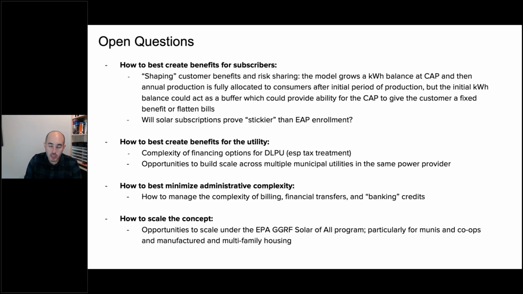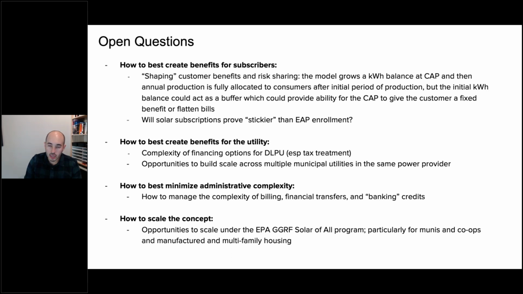As I've mentioned a couple times, through building this model and running this pilot project, one of the big things we're hoping to resolve is how to manage this complexity in billing, financial transfers, and banking. This is new for all the parties involved. Right now, I think a lot of this is going to get done manually, adjusting bills and such.